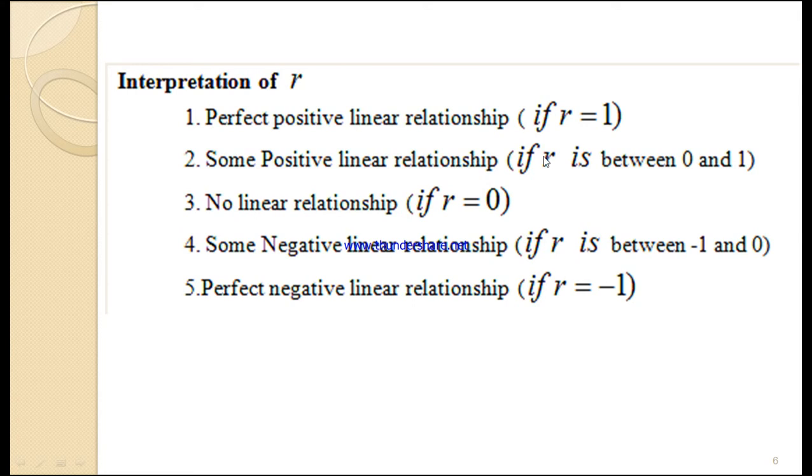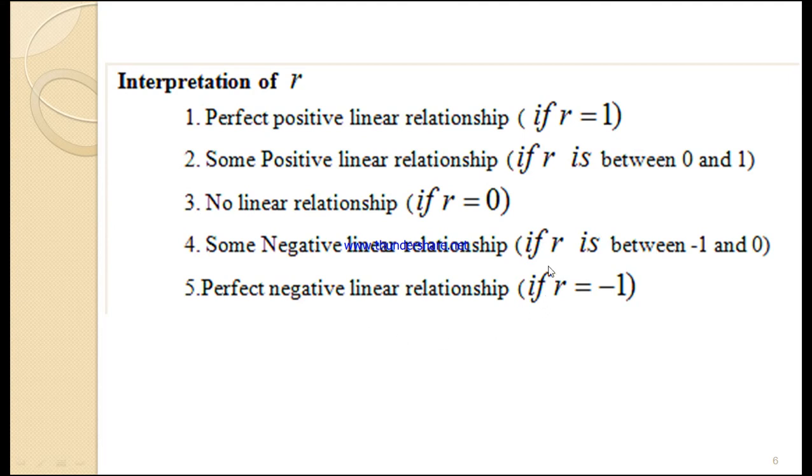Sometimes we may obtain a result between 0 and 1, and this implies some positive linear relationship among two variables. And when the R value is 0, it implies that the two variables have no linear relationship. And if R is between -1 and 0, it implies that the relationship among two variables is somewhat negative.